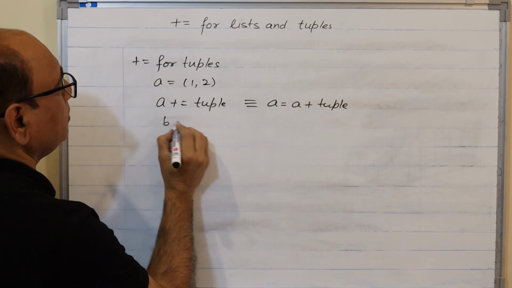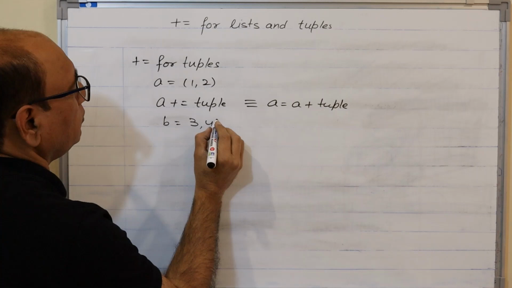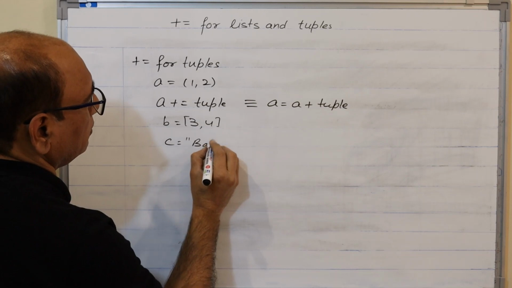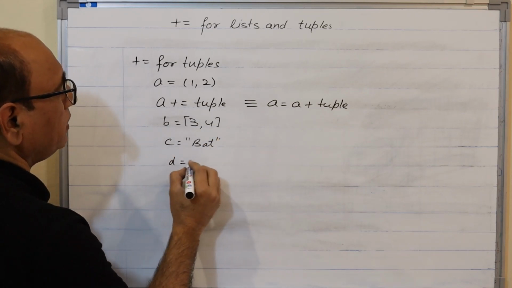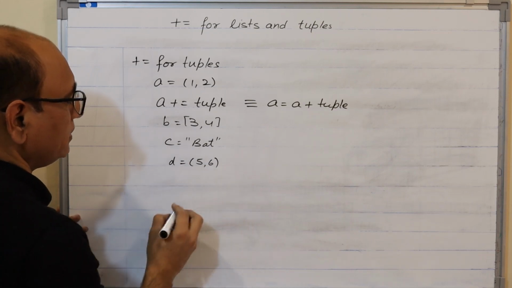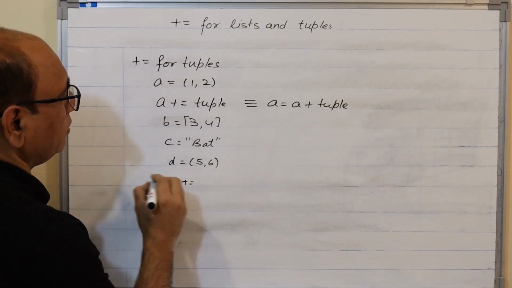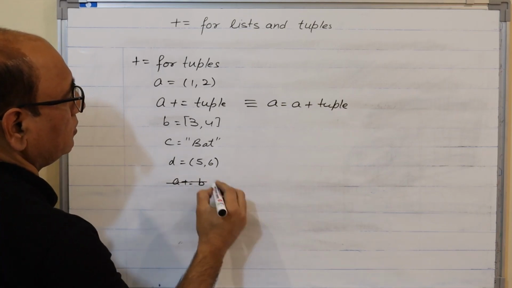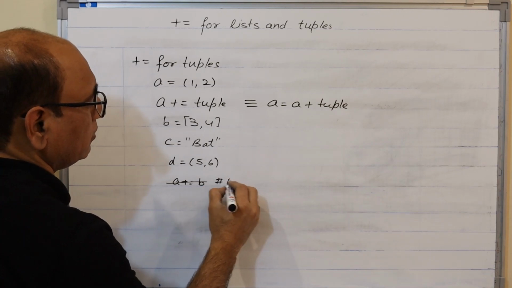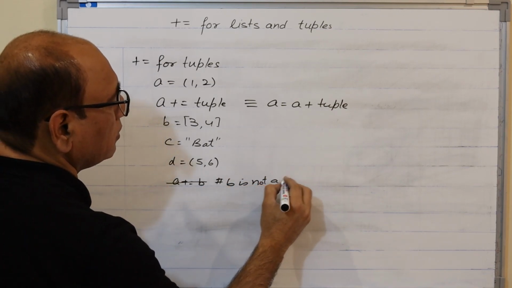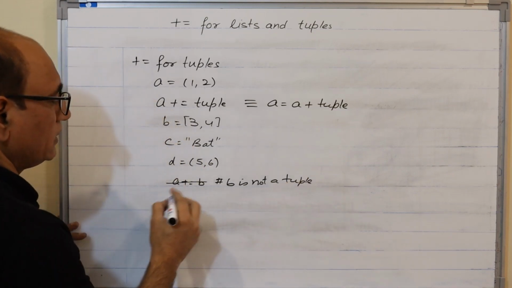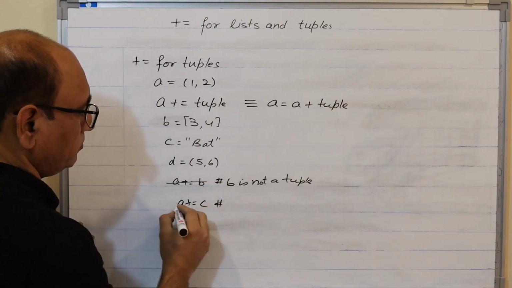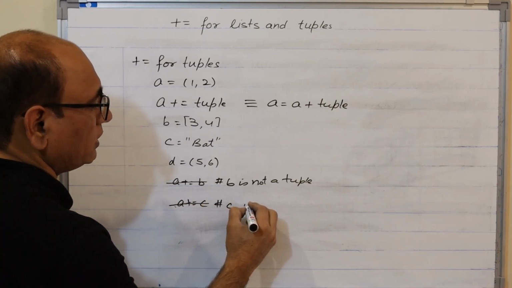Suppose I have a list B equal to 3, 4. C is a string, bat, and D is a tuple containing the elements 5 and 6. If I say A plus equal to B, I will get an error, not allowed, because B is not a tuple. Similarly, A plus equal to C will also give an error, because C is not a tuple.